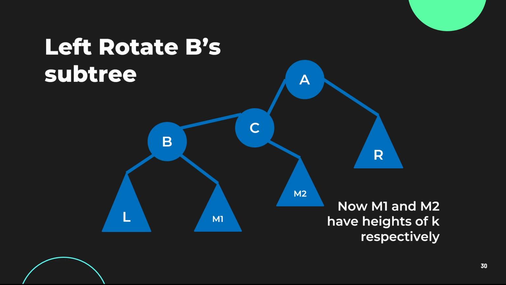What do I do next? I right rotate the root node. So when I right rotate, which node becomes my root now? C. When I right rotate everything here, my root is A, right? So if I right rotate, I will go to my predecessor. So C will become the root, A will fall down as the successor.